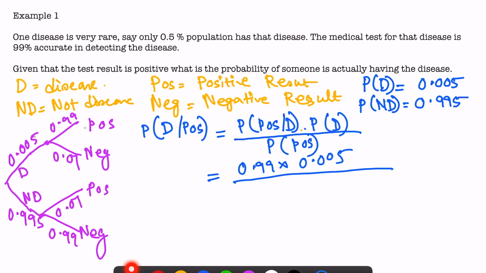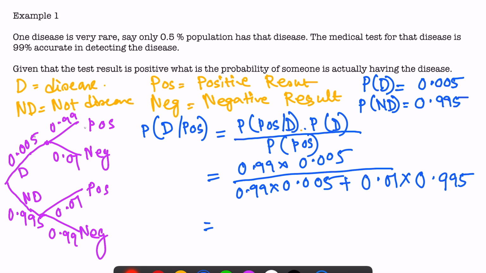So that will be 0.99 multiplied by 0.005, that is from this path, plus 0.01 multiplied by 0.995, that is from this path. So if we just calculate, this will come to around, I think, 0.3322. You can verify this result, but this is the main idea, right?